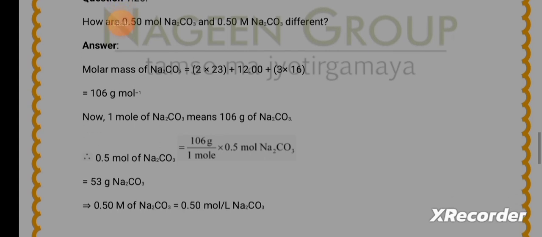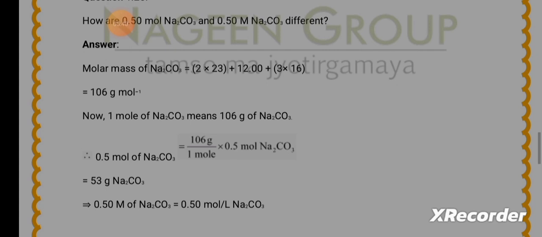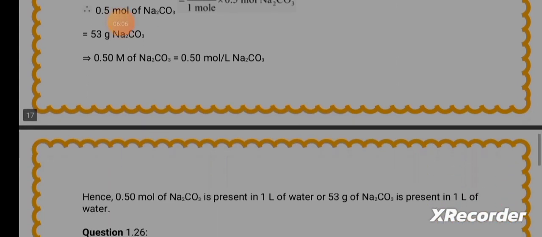So by this we can solve the question. The molar mass of sodium carbonate is 106. You can solve it: 2 into 23 plus 12 plus 3 into 16 gives 106 gram per mole. Now we know that 1 mole sodium carbonate means 106 gram. So 0.5 moles of sodium carbonate means 53 gram. Capital M means 0.50 moles per liter.